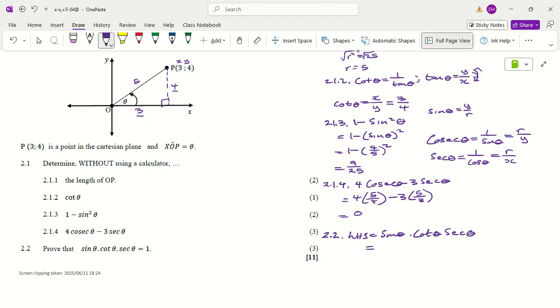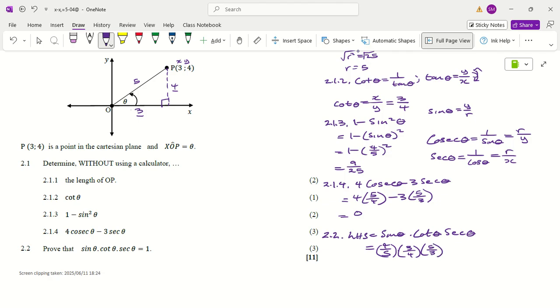Then we know that sine theta is 4 over 5 times cot is 3 over 4 times 5 over 3.